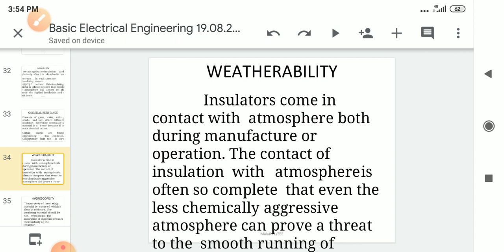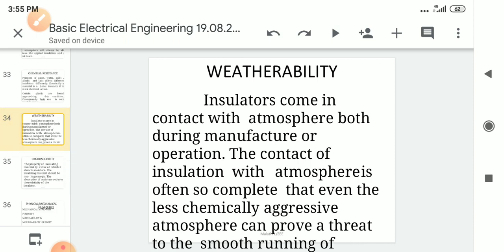The contact of insulation with the atmosphere is often so complete that even a less chemically aggressive atmosphere can prove a threat to smooth running. We have to check its weatherability also. Sometimes due to winter, cold conditions, moisture will come, and sometimes in rain conditions, so many times moisture takes place. We have to check its weatherability.